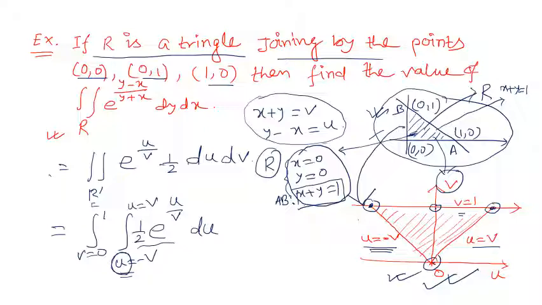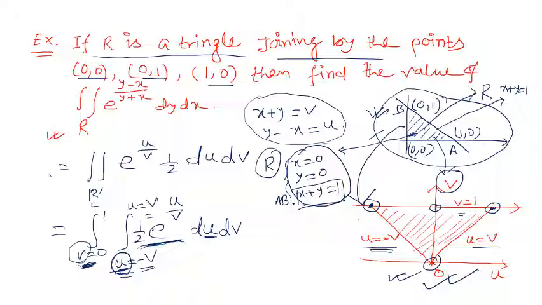First of all, you have to maintain this order. Here I am using the limit for u, so you have to integrate with respect to u. Since the outer limit is the limit for v, that is v equals to 0 to 1, next we have to integrate with respect to v.